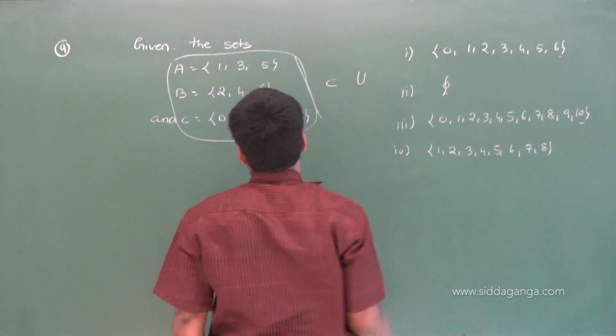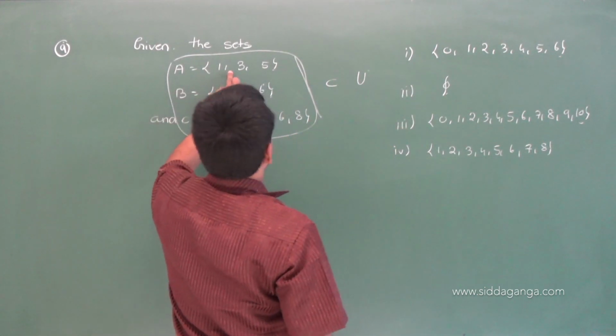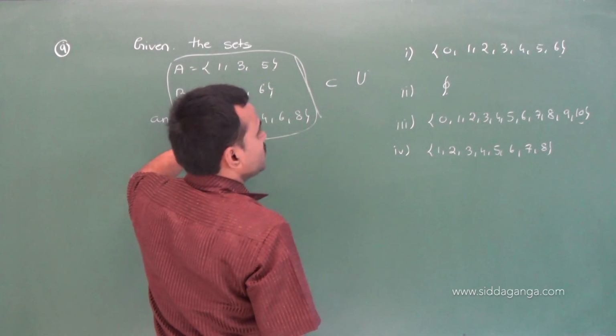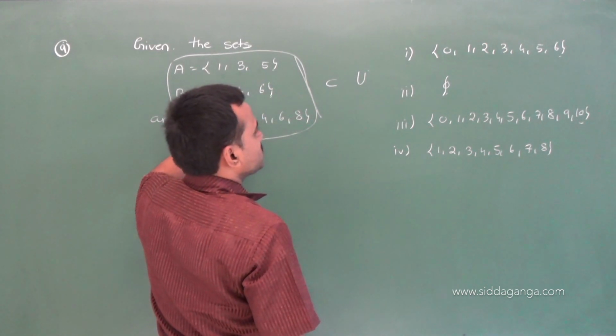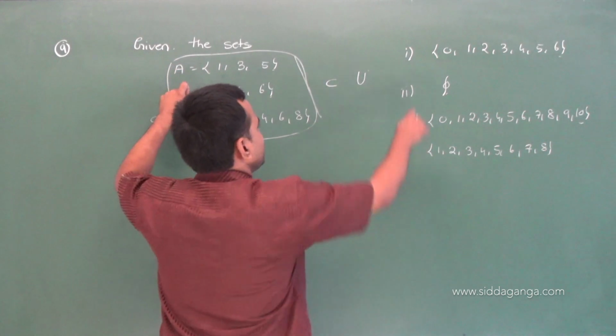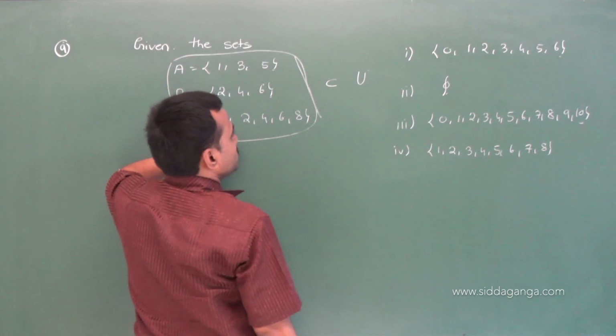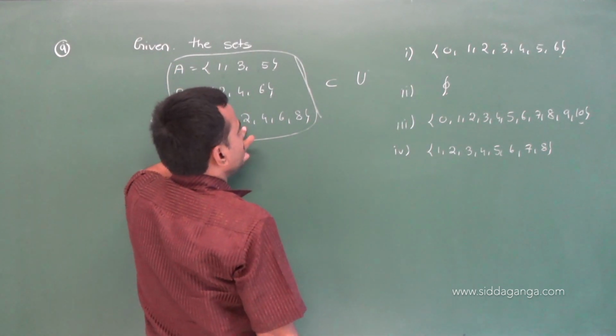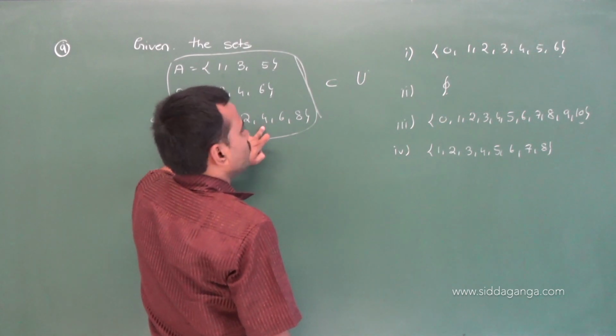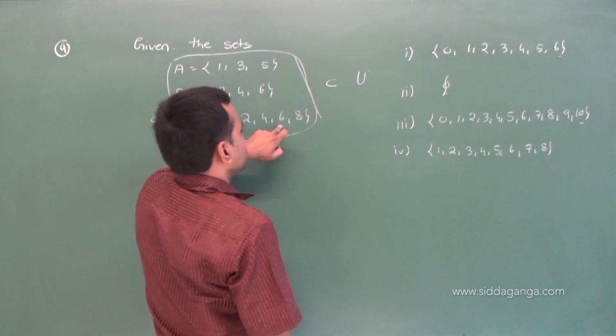If I take the first option, 1 is present, 3 is present, 5 is present, 2 is present, 4 is present, 6 is present. So A and B are subsets of this set, no doubt. Now for C: 0, 2, 4, 6, 8.